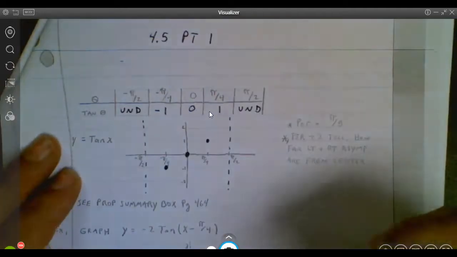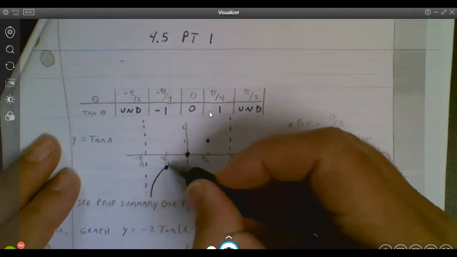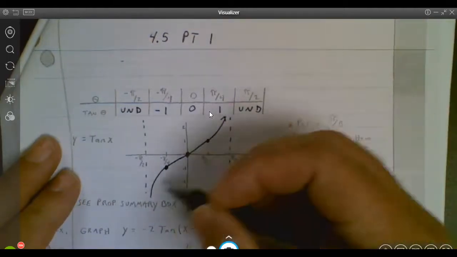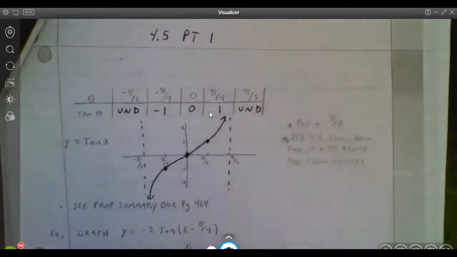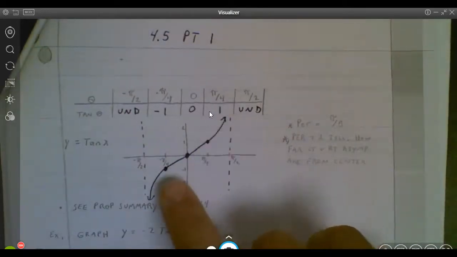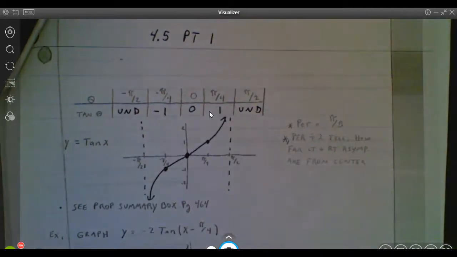If you were to plot more points, the shape you're going to see is an S-shaped curve, because as we have vertical asymptotes, your graph will always approach the vertical asymptote by heading towards either positive infinity or negative infinity. So that's the parent function of our tangent graph.